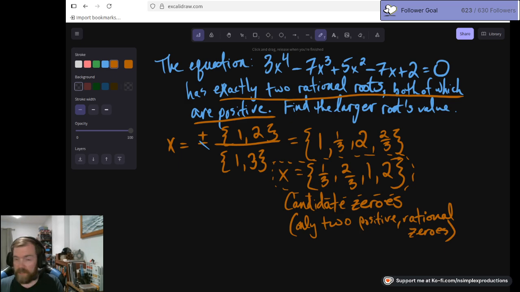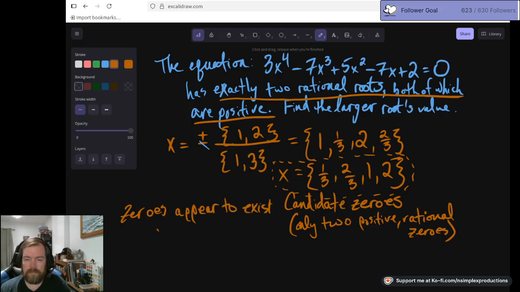So instead of messing around, you say, okay, I verified this on my calculator. It appears that the zeros exist at x equals 1/3 and 2.